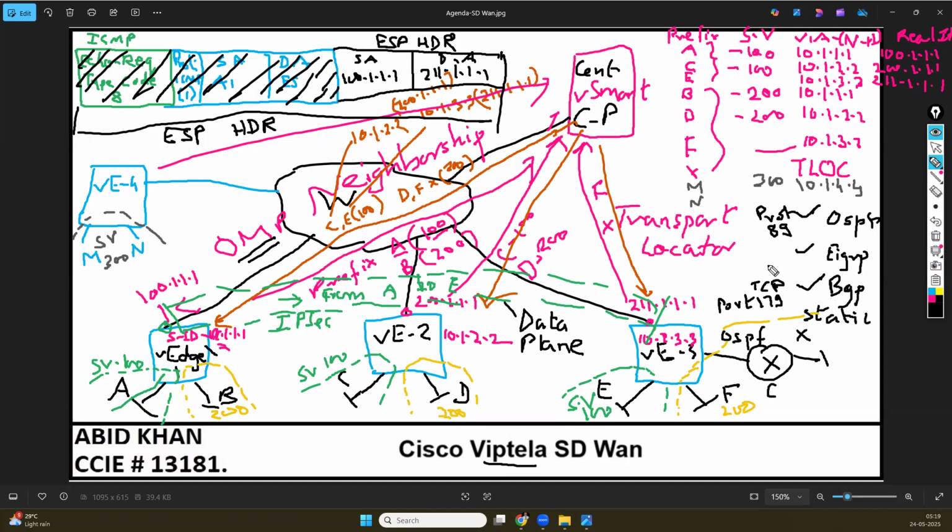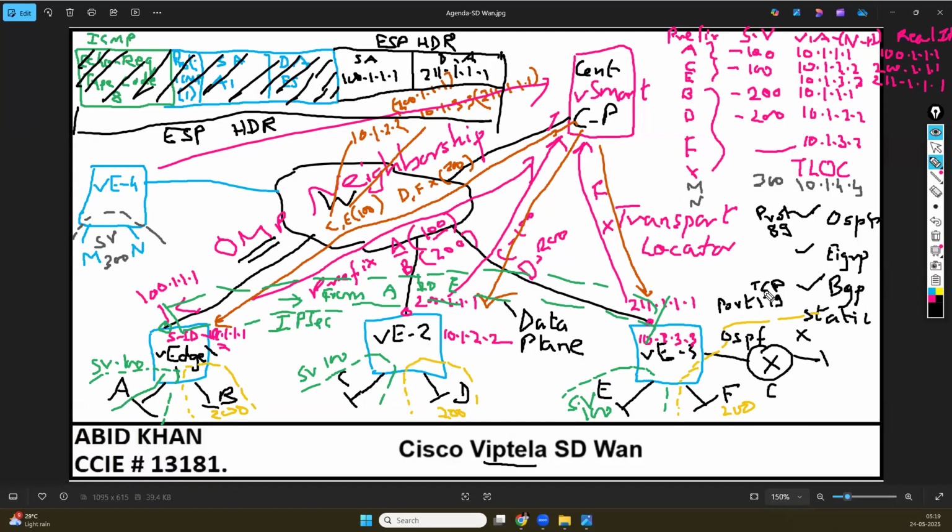So any protocol, whether it is a routing protocol or any other protocol, only two are possible. Either it might have a protocol number or it might have a port number. And port number could be UDP or TCP. BGP is a reliable routing protocol because it has to carry a very large number of routes.